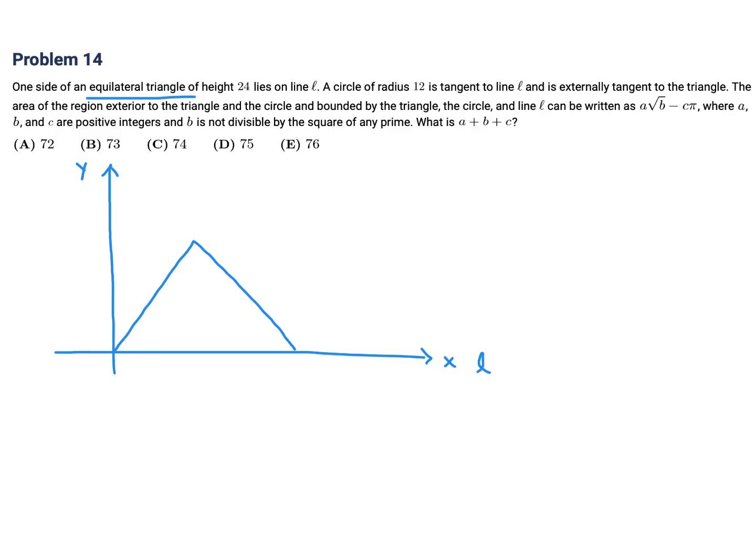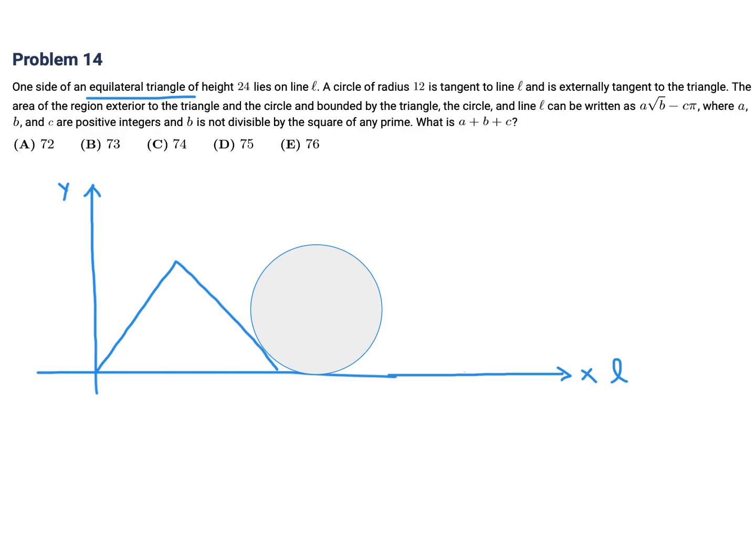And now I've got to figure out, where does the circle go? I think that is the interpretation of where that circle is. And I've got to make sure here that everything is properly drawn. Height 24, radius 12. Radius 12 means diameter of 24.